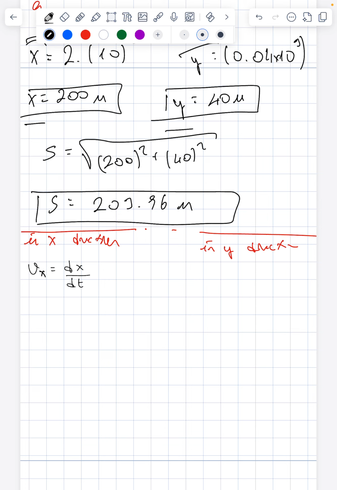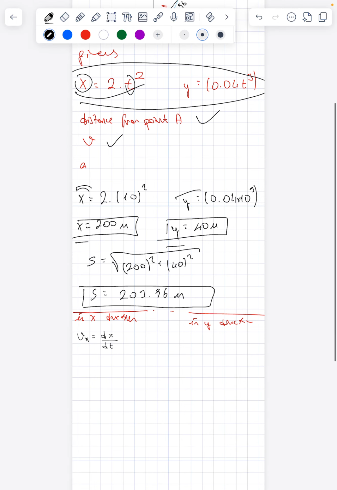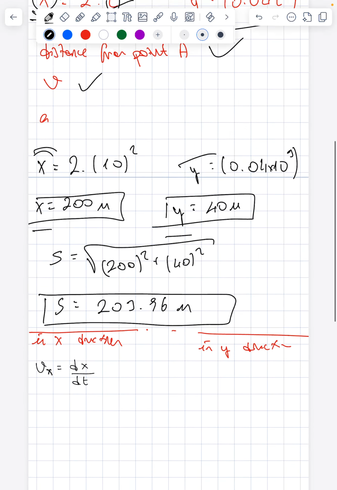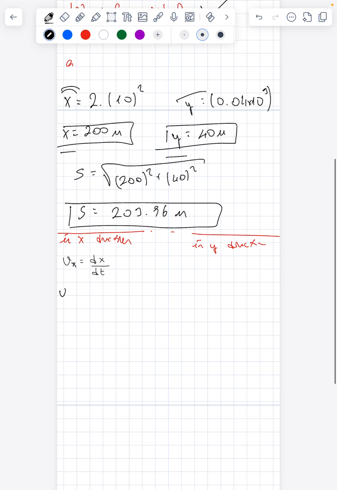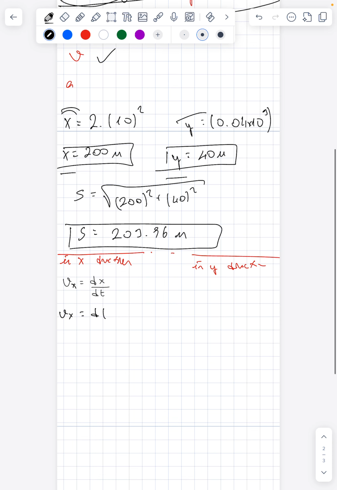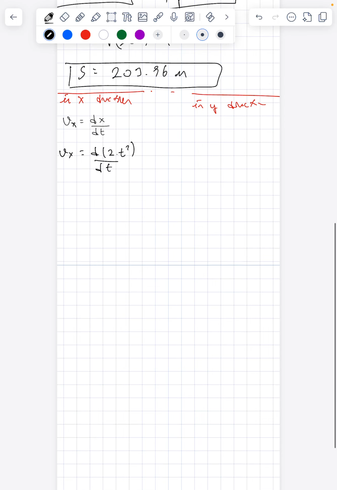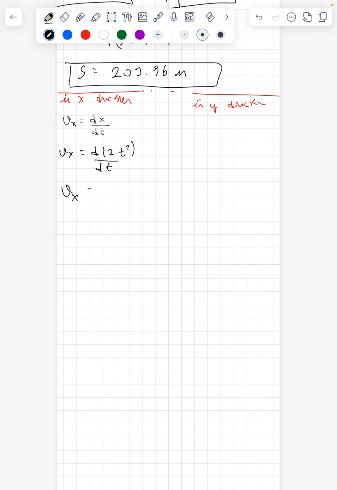I found vx equals dx over dt. So what is x? It is this: vx is d of 2t² over dt, and I take the derivative, so vx is 4t. In the y direction, I'm going to write the same idea: vy is d of 0.04t³ over dt.